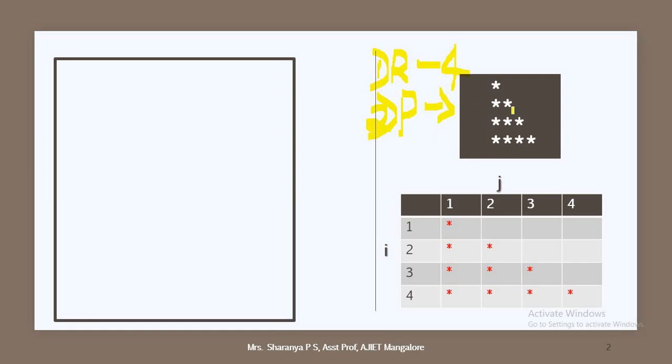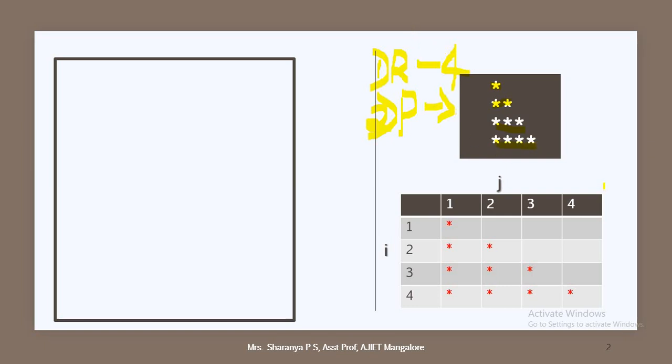Here it is nothing but the star. And how many columns exist here? In the first row there is only one star, in the second row there are 2, in the third row there are 3 stars, and in the fourth row there are 4 stars.